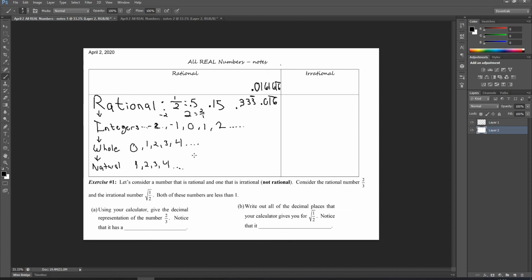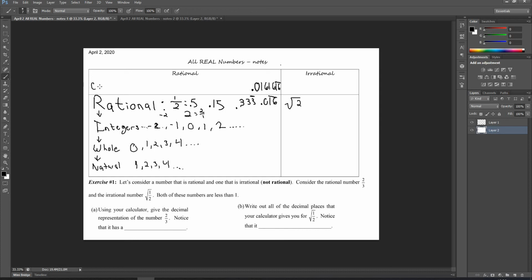Now, an irrational number is something that cannot be represented as rational. If it's not rational, it's irrational. So we've seen things like square root of 2.